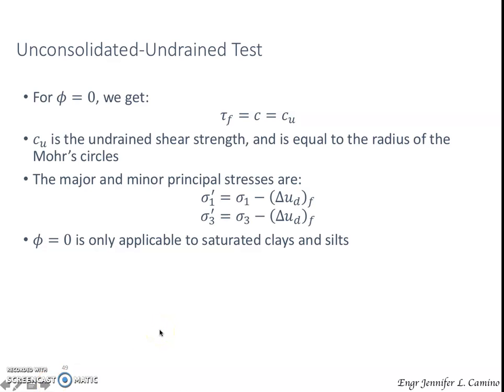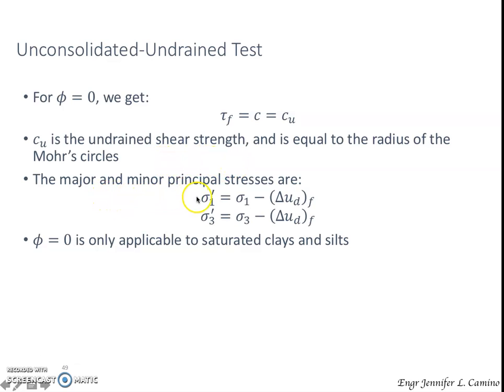So for phi equal to 0, our shear strength would be equal to C, or that is equal to C sub U, which is our undrained shear strength, and is equal to the radius of the Mohr circle.